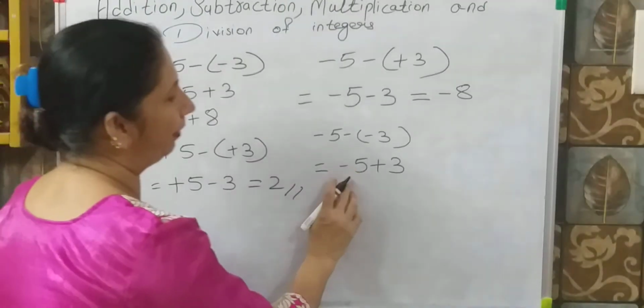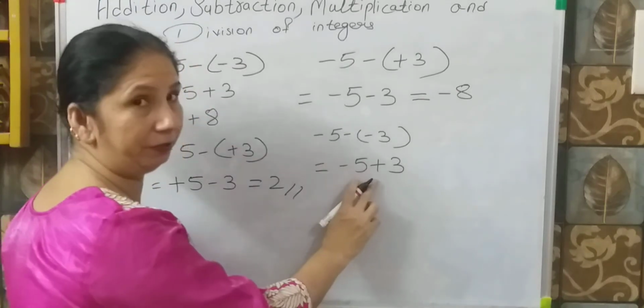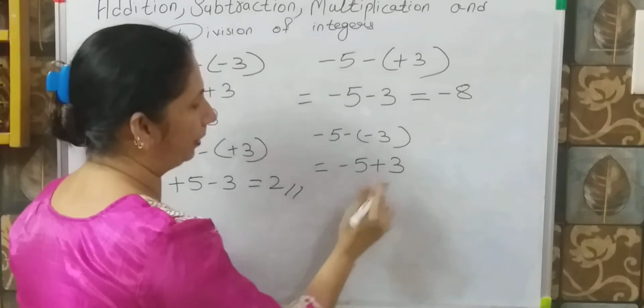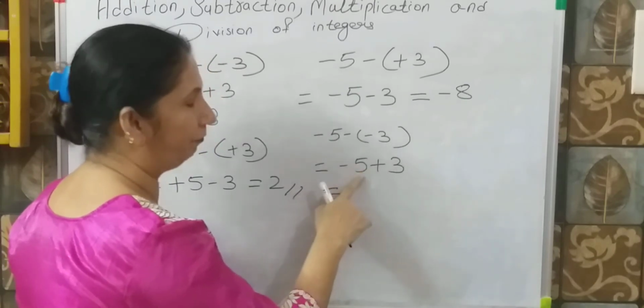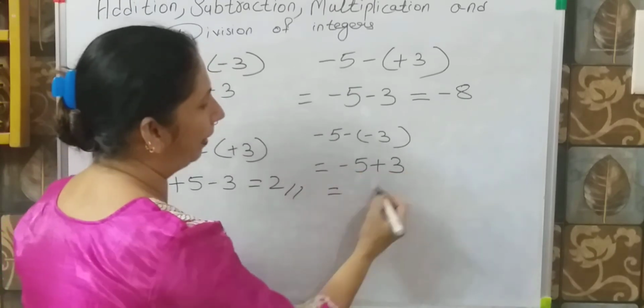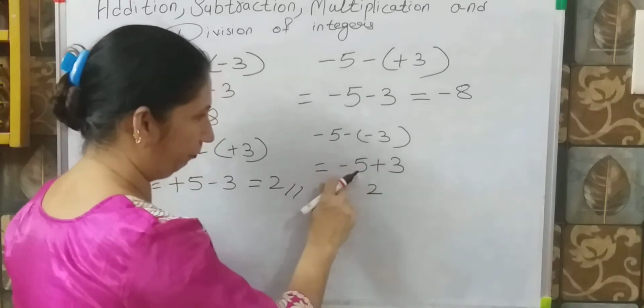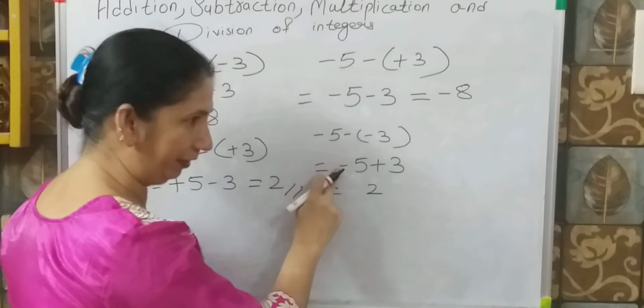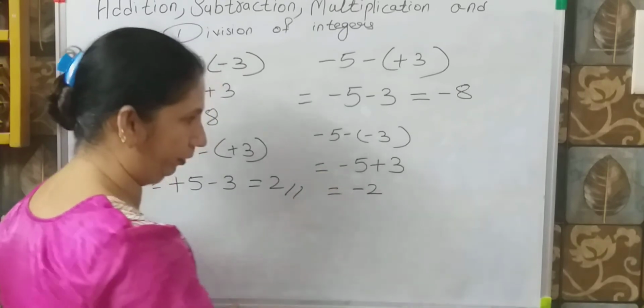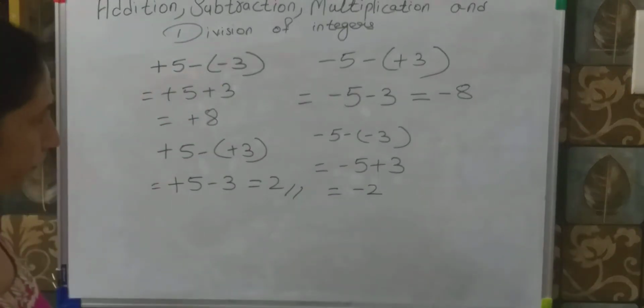Whenever we have a negative and positive sign, we do subtraction and we take the sign of the bigger number. So 5 minus 3 is 2. 5 is a bigger number as compared with 3. So with 5 we have a negative sign. So we will put minus 2.